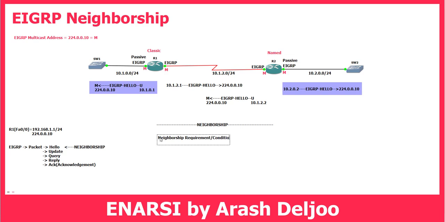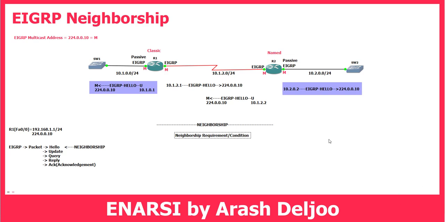This means that inside of the EIGRP hello, we have some important information that we should learn about. If that information is compatible between router 1 and router 2, they can establish the neighborship with each other. Now let me talk about the neighborship conditions.